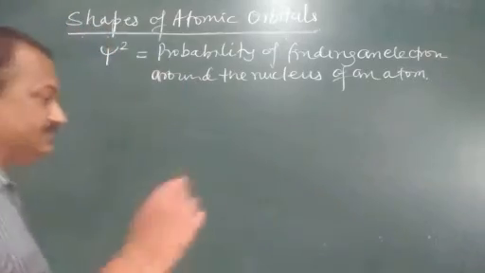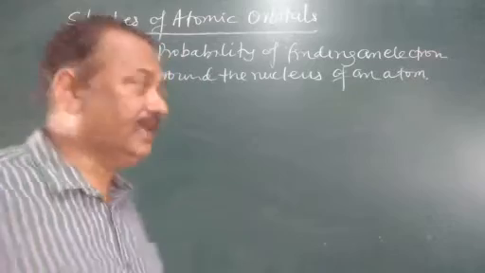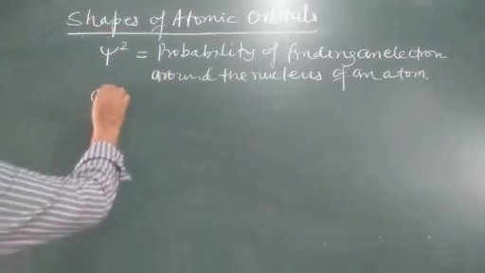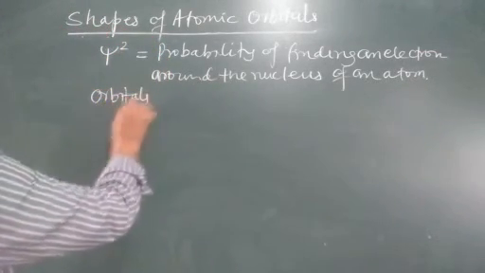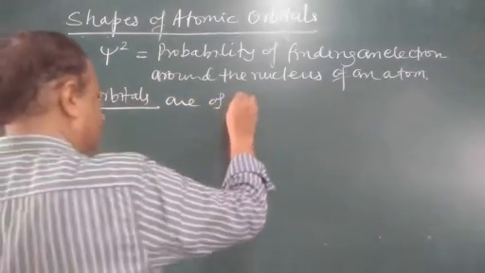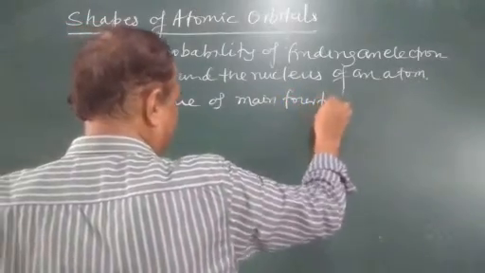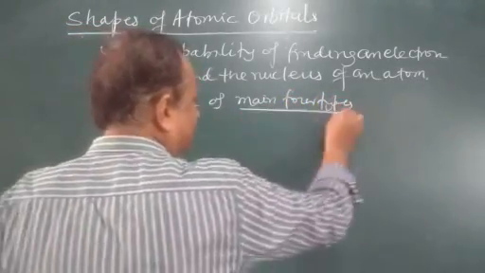Now you have previous knowledge. In quantum numbers we have seen that orbitals are of four types.